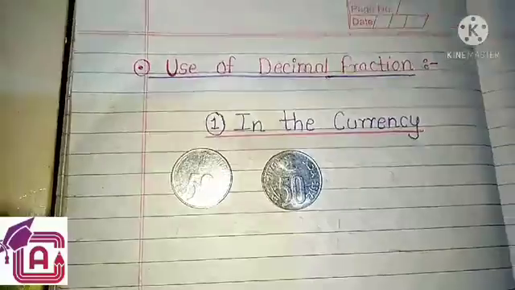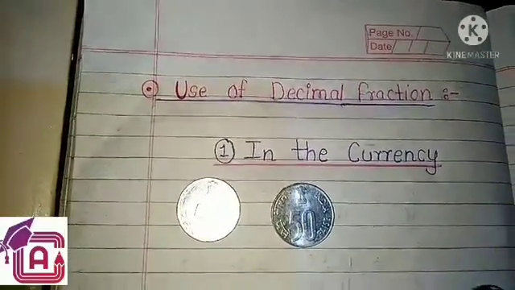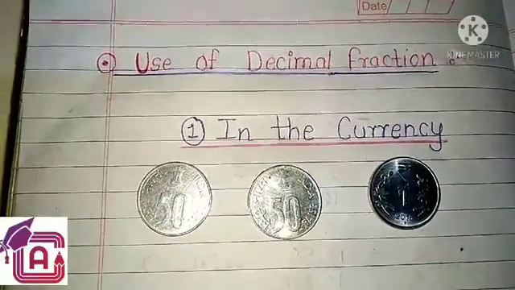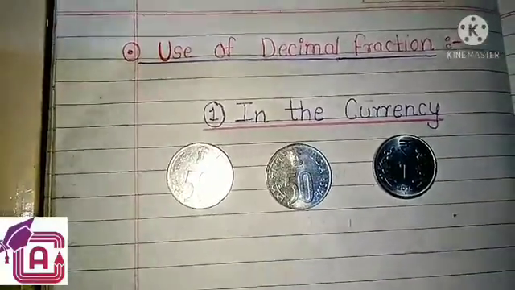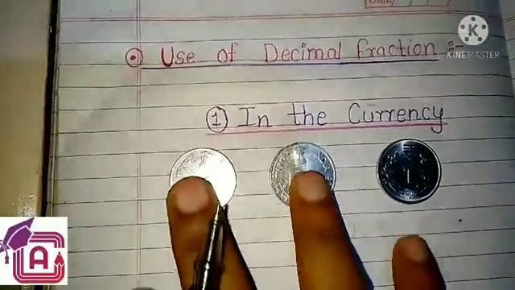In old days, paise is the smallest unit for our currency. Nowadays, we are using rupees as the smallest unit for our currency. So with the combination of paise, we are making rupees.